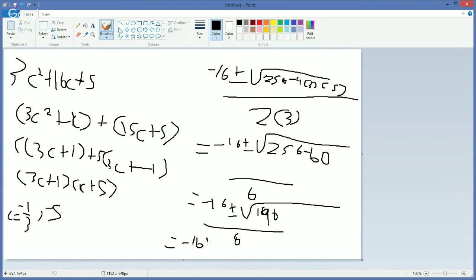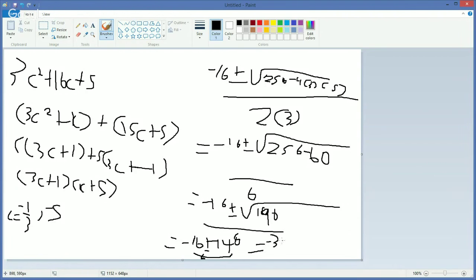Equals negative 16 plus minus 14 over 6. Negative 16 plus 14 is negative 2, and 16 plus 14 is 30, correct?